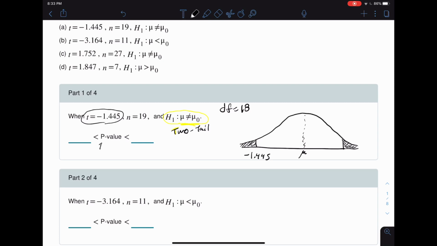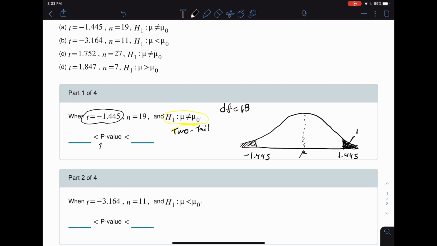Now we also know that this is symmetric, and so this point right here would be a positive 1.445. Something really important for you to notice: this would be your p-value, but oh, I take that back.